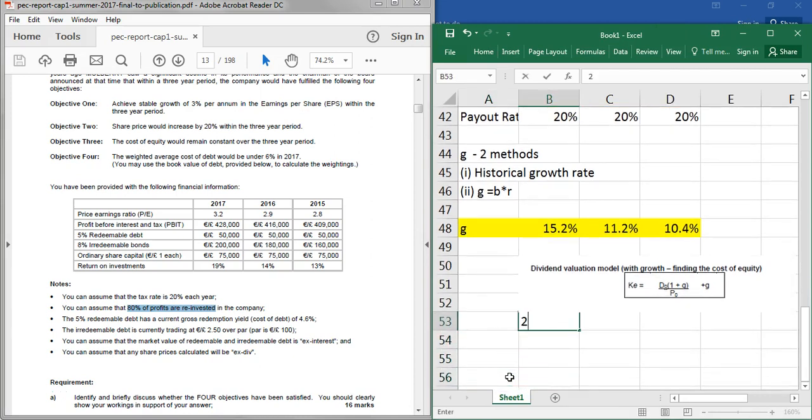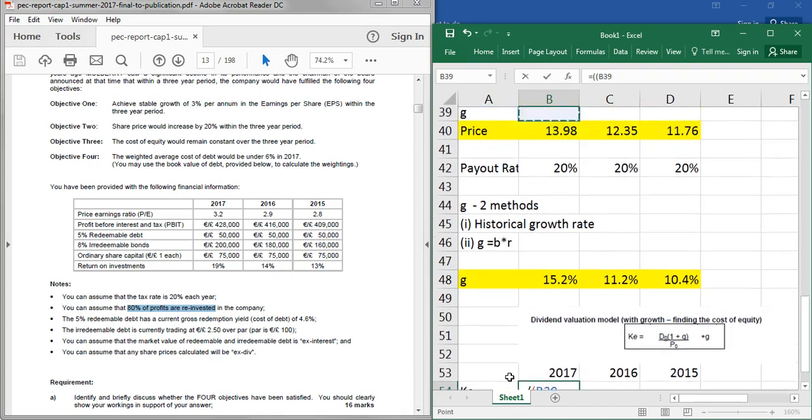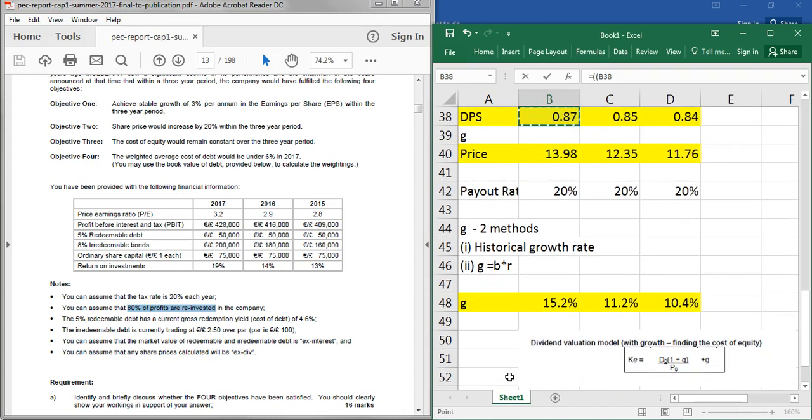So for 2017, 2016 and 2015, we're going to calculate the cost of equity equals, so be careful with your formulas here. So I'm going to have to do brackets just to be careful. It's the D0, which is 0.87, times 1.152, so that's the 15.2%, divided by the price, which is 13.98, and then you add on the growth rate, which is 0.152.